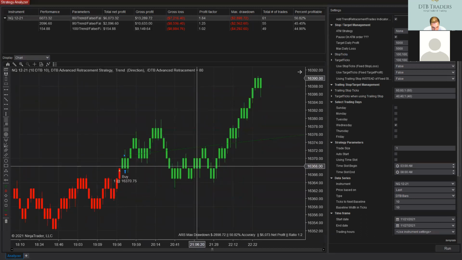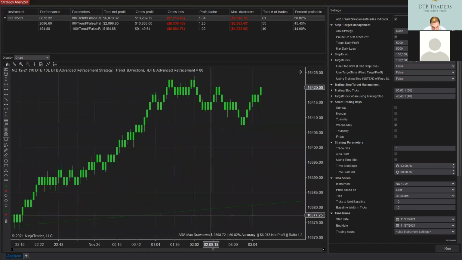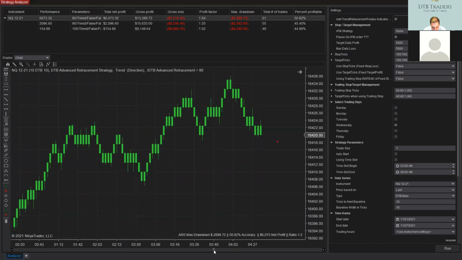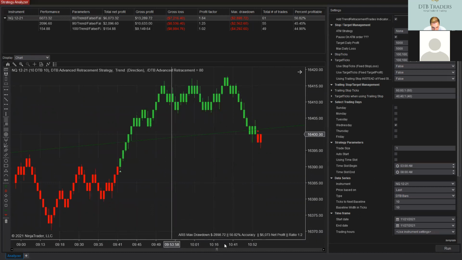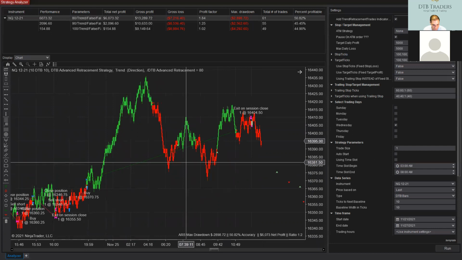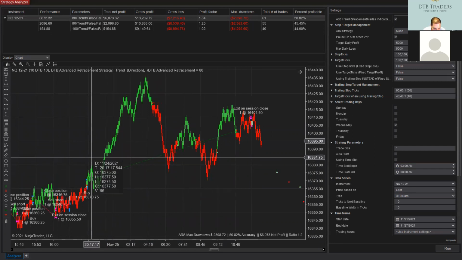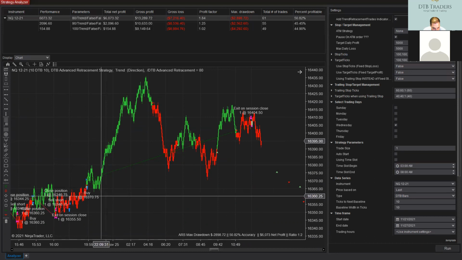Buying the next day. So there's your 8 p.m., you see. So there's the next day. So that'll be the following day, and then it's going to exit on session close. So that is the thing you've got to watch out for: between the end of your day that you've selected and the next trading day, those trades will basically be unmanaged because you haven't actually selected to trade that specific day.